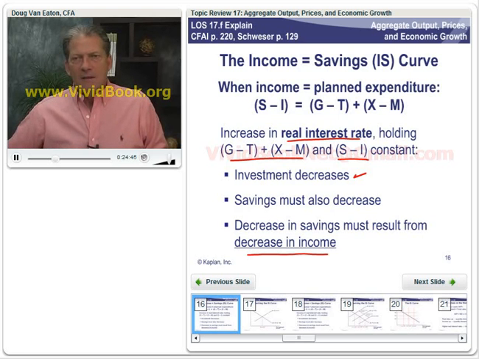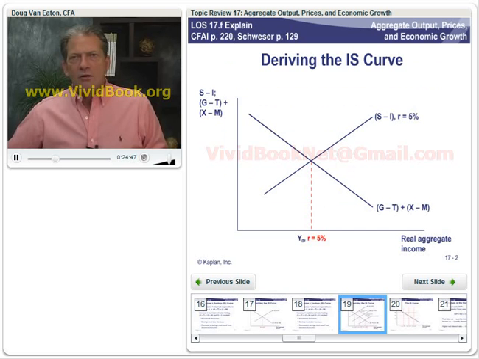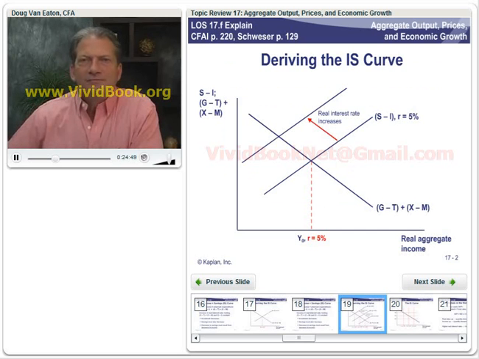Well, this is a long way around to telling us that at a higher real rate, our equilibrium is going to be at a lower level of aggregate income.